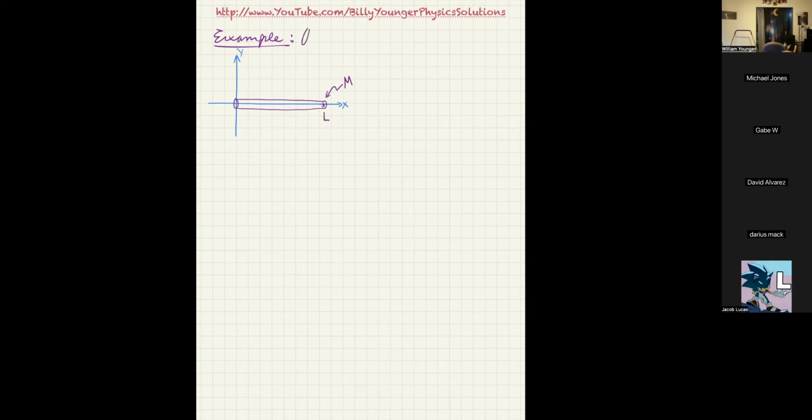So a broomstick has a length L and a total mass M that is distributed uniformly.